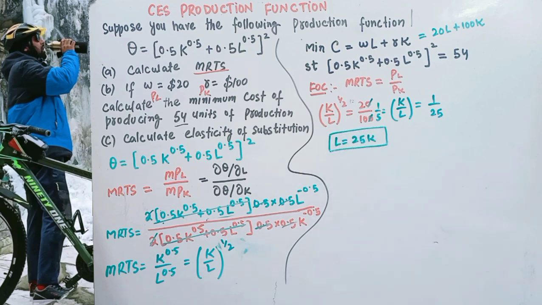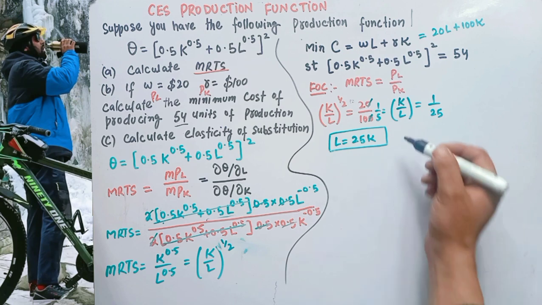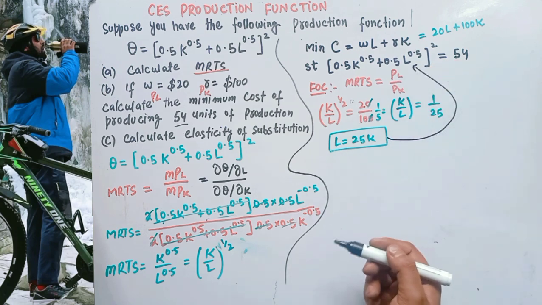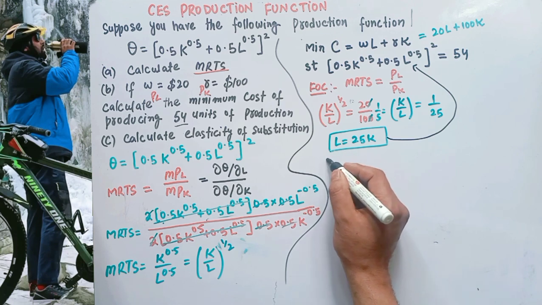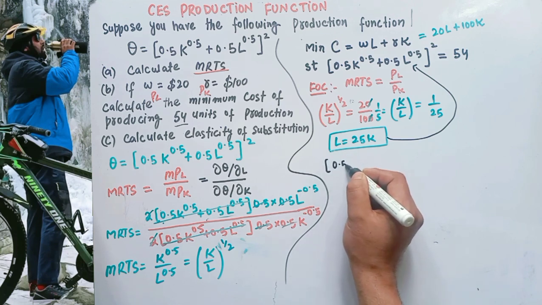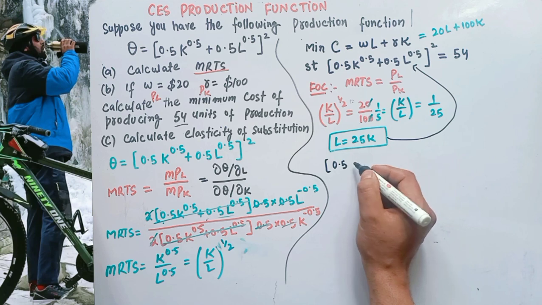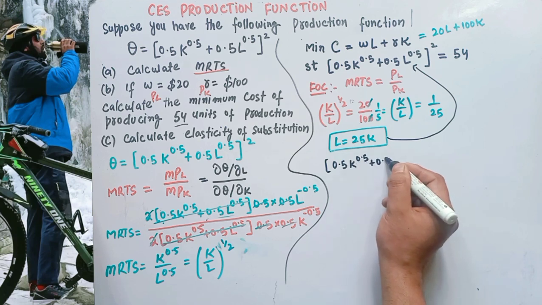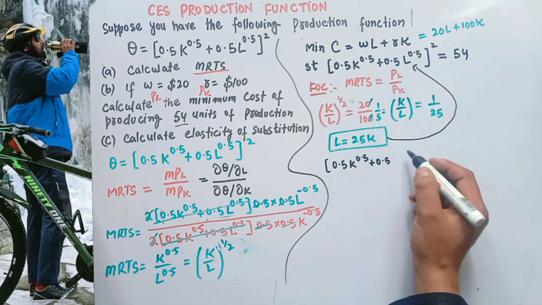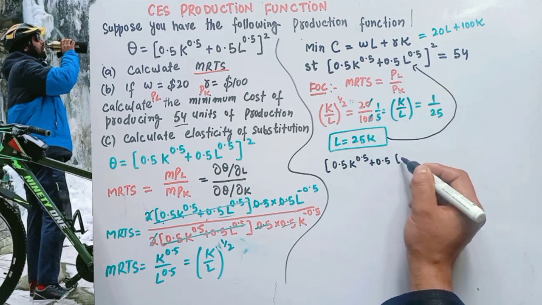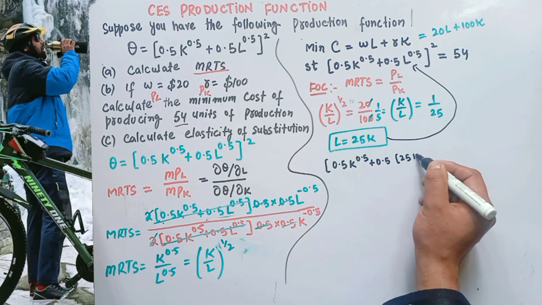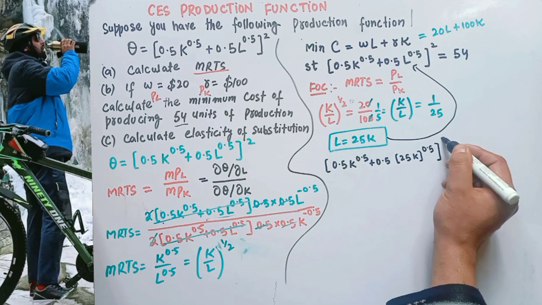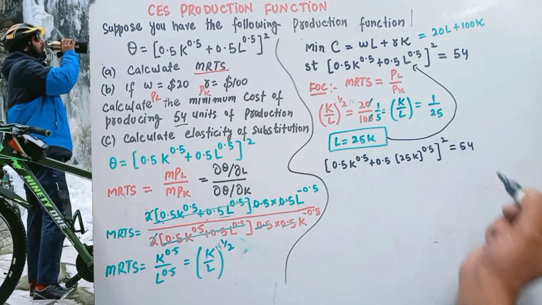Now we simply plug the value of L into this function to get the value of K first. So we have (0.5 K^0.5 + 0.5 (25K)^0.5) whole squared should be equal to 54.